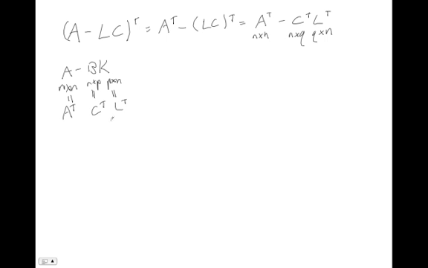When you're done, you would plug in A transpose for A and C transpose for B, and then solve for K. The very last step after you figure out K is you say, well, L transpose is equal to K, which means L must be equal to K transpose.